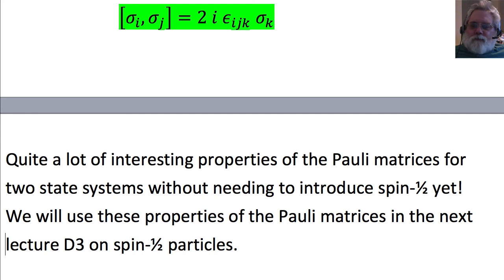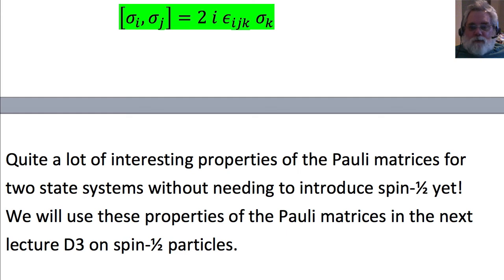And you are for sure going to end up with the belief that these magic properties of these Pauli matrices are because of spin 1/2. But I tell you, they are not. They are properties of two-state systems, and spin 1/2 is only one two-state system.